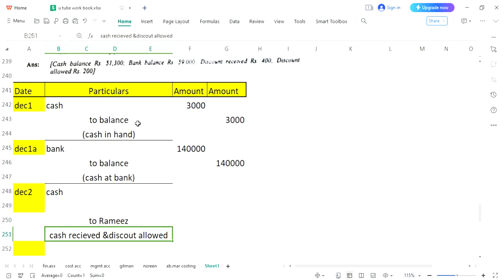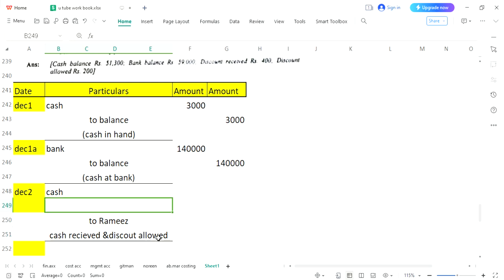But discount allowed, this is very important to understand. When you are giving discount, it means the amount would be decreased, it would be your expense. Again, when you are saying someone can give or provide you a lesser amount, it's your loss, it's your expense.